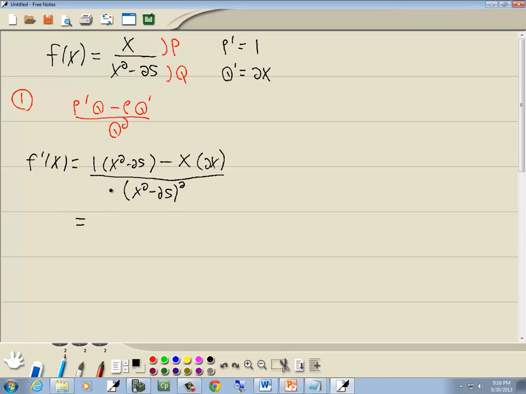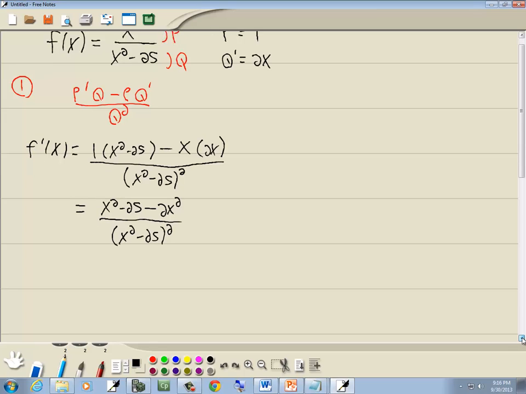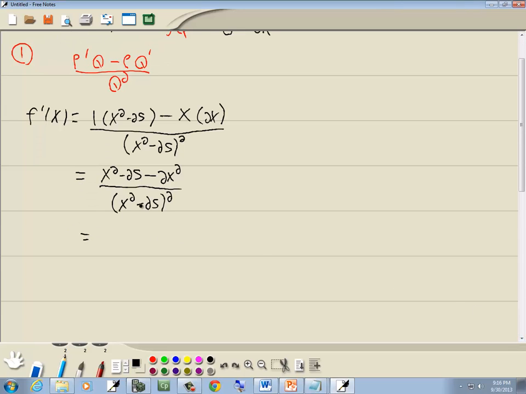I want to simplify that a little bit. We can drop that 1. So that gives us x squared minus 25 minus x times 2x is 2x squared over x squared minus 25 squared. Now combine together like terms.